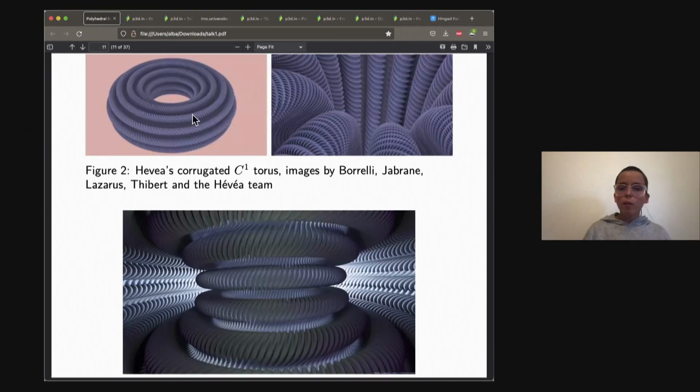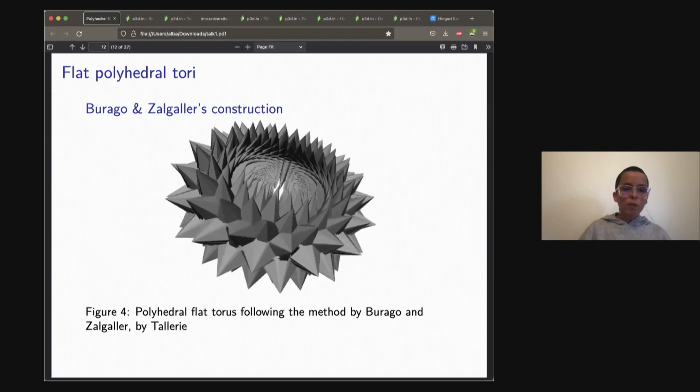Here is an example that at some point was very famous among people loving mathematics, the C1 example by the Hevea team, a kind of infinite smooth fractal, which is super beautiful, but kind of frustrating when you want to trace lines on it because of its fractal nature.